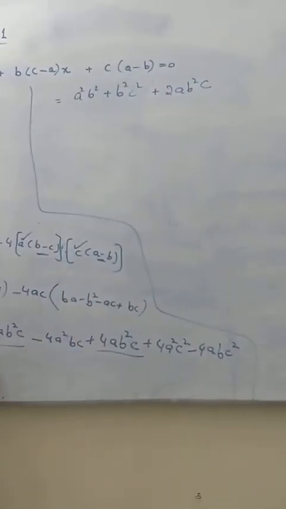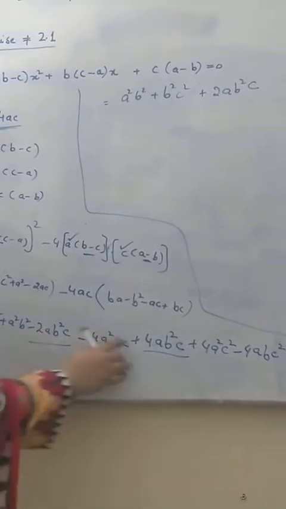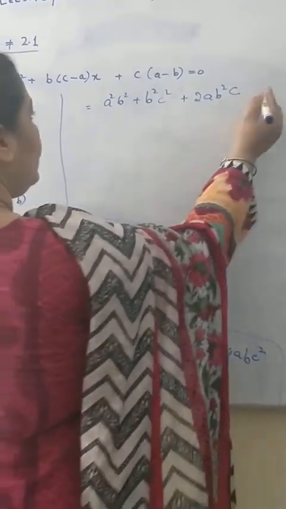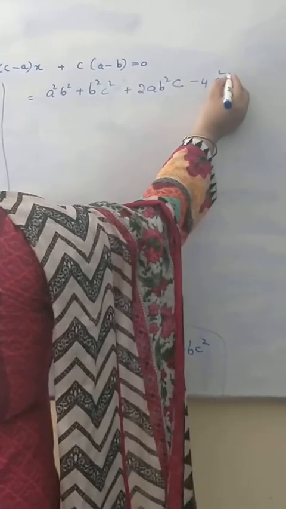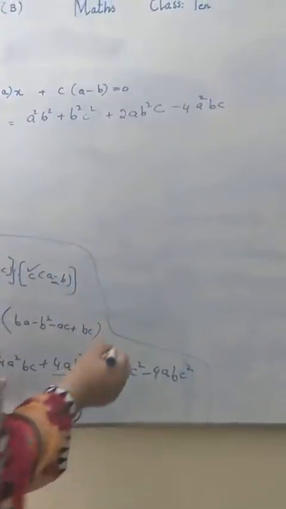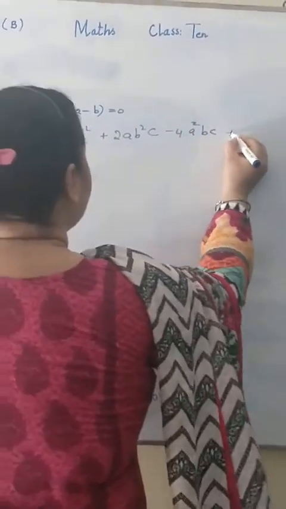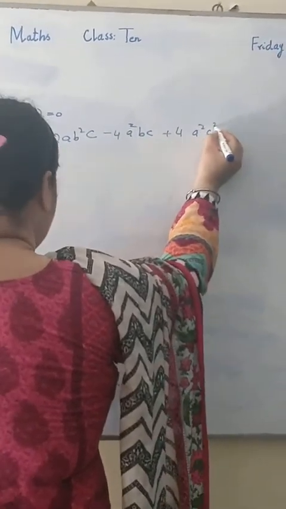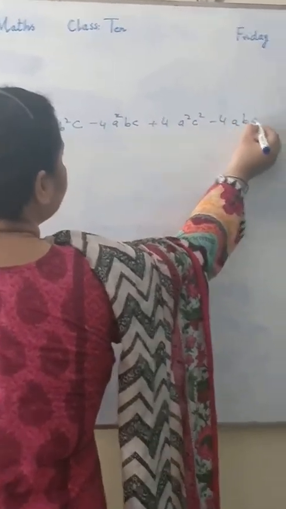This was 4 and this was minus 2. So we have plus 2ab square c minus 4a square bc plus 4a square c square minus 4abc square.